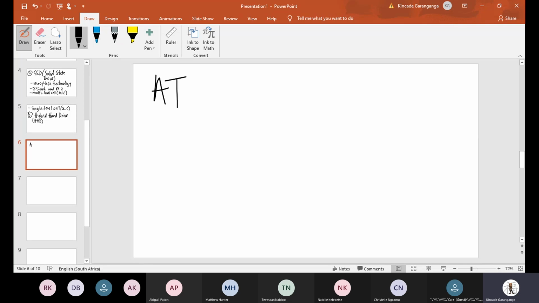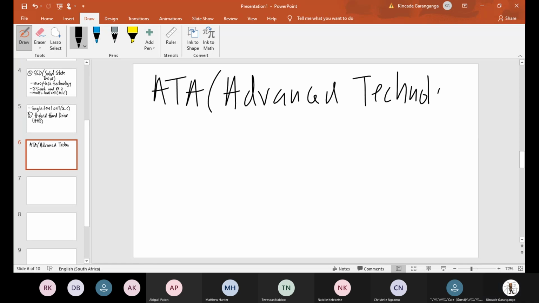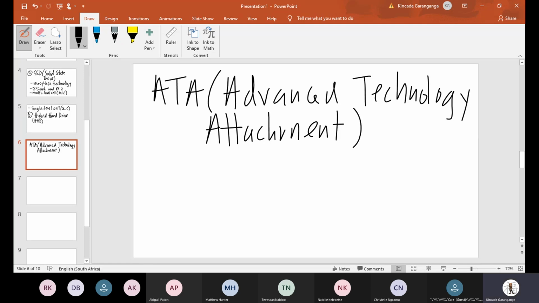ATA is short for Advanced Technology Attachment. This platform is an interfacing architecture that was designed to enable communication of your CPU chipset and controller, and ultimately the actual component that you've got there.